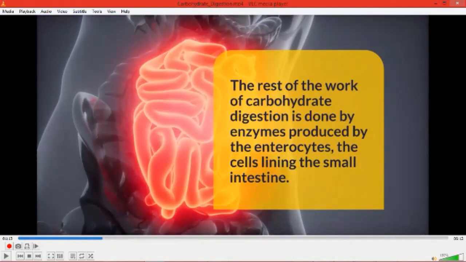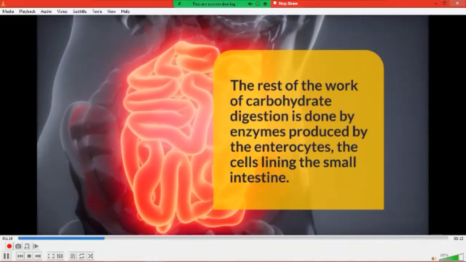Once the pancreatic amylase breaks it down into disaccharides, the enzymes released from the enterocytes break those down. If it is maltose, the enterocyte releases an enzyme called maltase. If it is lactose, it releases lactase. If it is sucrose, it releases sucrase. Okay.